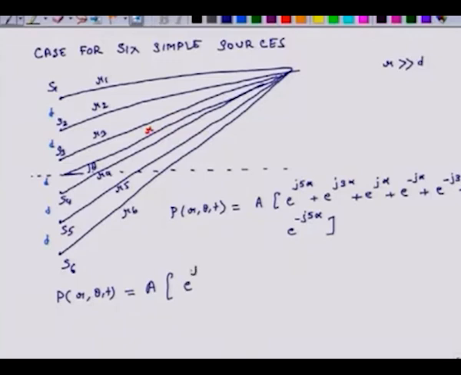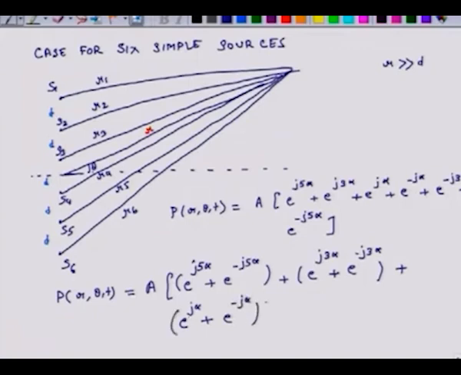So, e to the power of j times 5 alpha plus e to the power of minus j times 5 alpha, plus e to the power of j times 3 alpha plus e to the power of minus j times 3 alpha, plus e to the power of j alpha plus e to the power of minus j alpha.